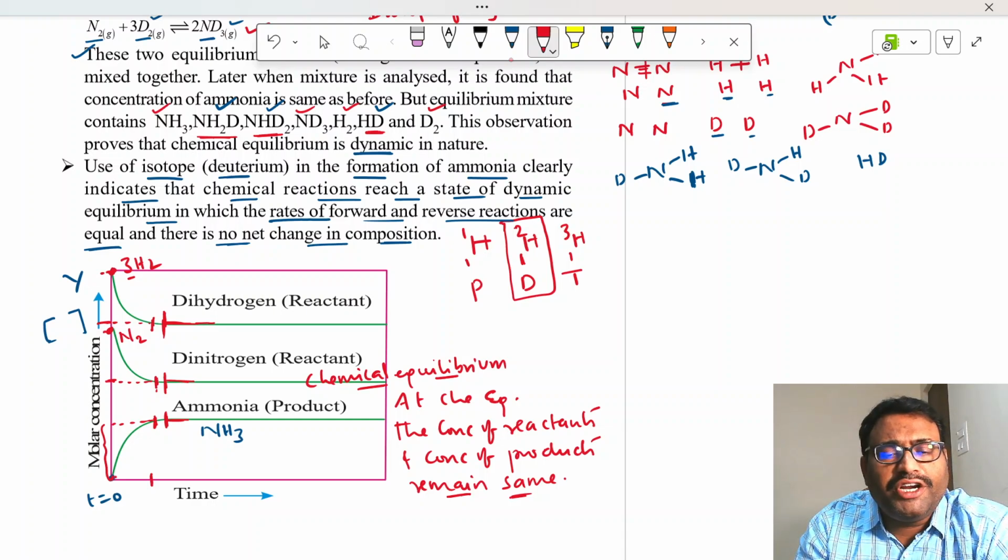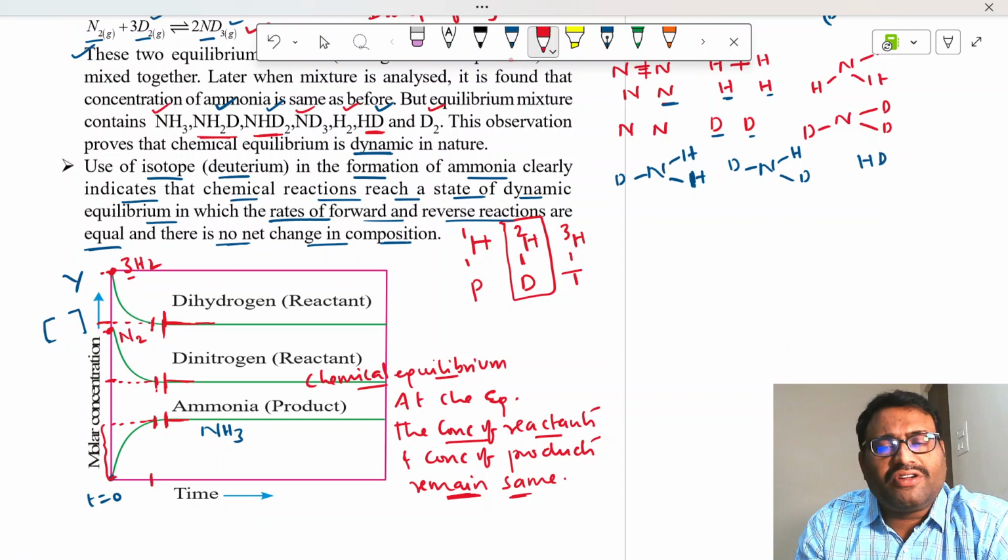What you need to remember is that their concentration must remain the same. Their concentrations do not change at chemical equilibrium. Whose concentration? Hydrogen concentration, that is reactant concentration, and product concentration. So at chemical equilibrium, reactant concentration and product concentration remain the same. Okay.